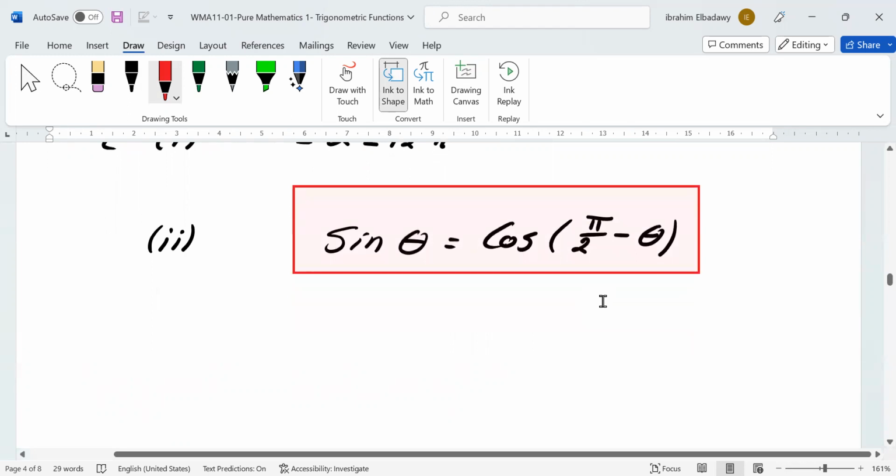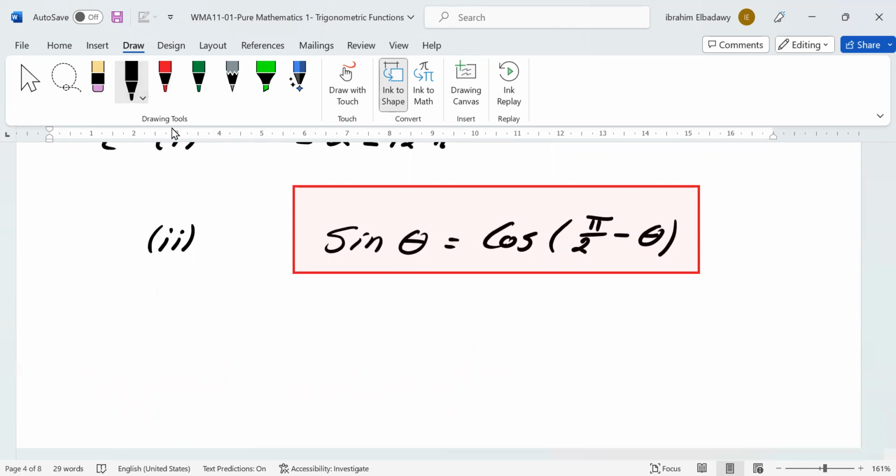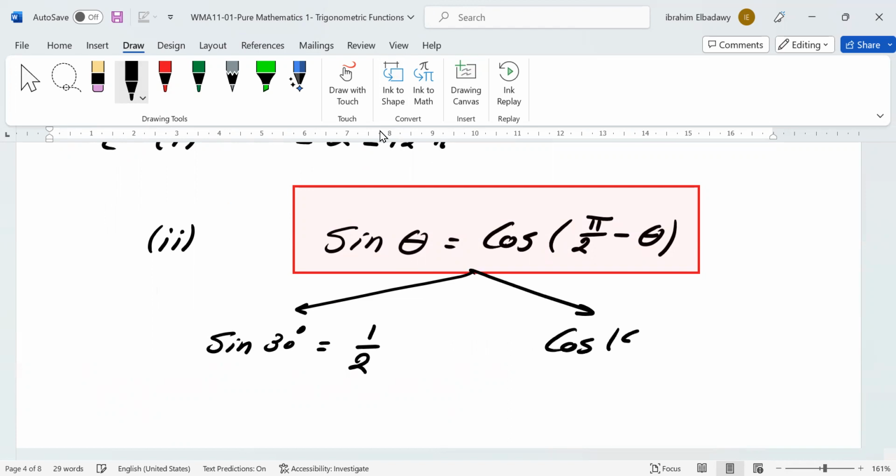They are equal according to this formula. You can try if you would like. For example, sine 30 degrees equals half. What about cosine of 90 minus 30? It will be cosine 60, which is equal to half.